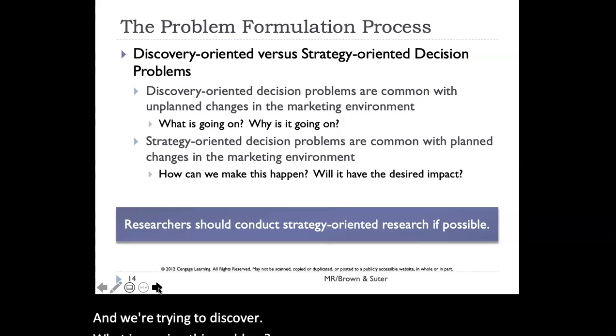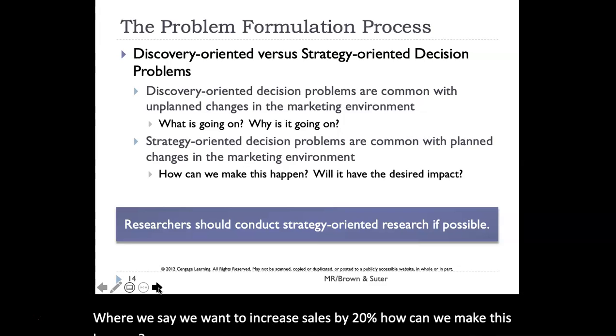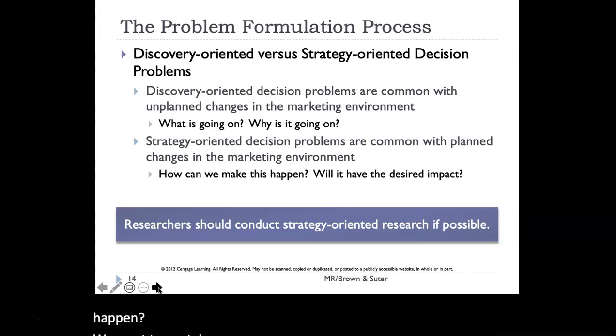A strategy-oriented decision problem is more along with plan change, where we say we want to increase sales by 20%. How can we make this happen? We want to contain the virus. How can we do that?